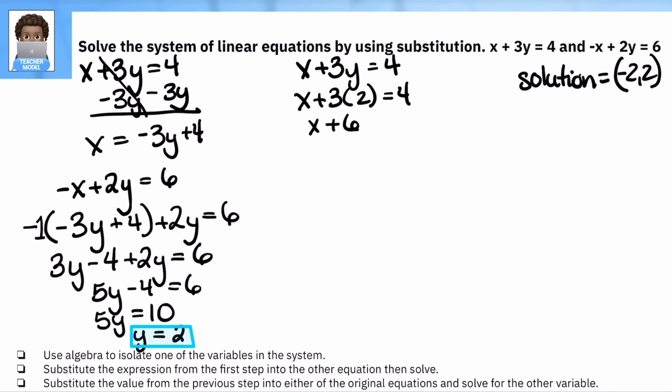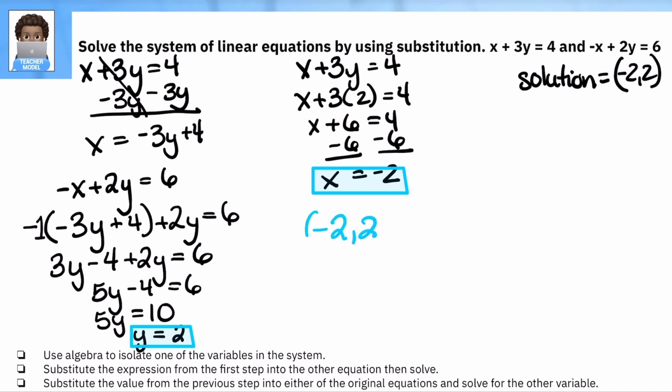So x plus 6 equals 4. I'm going to subtract 6 on both sides. X is equal to -2. And those are my 2 points. My solution is -2, 2. And you can see I got it from here and from here.